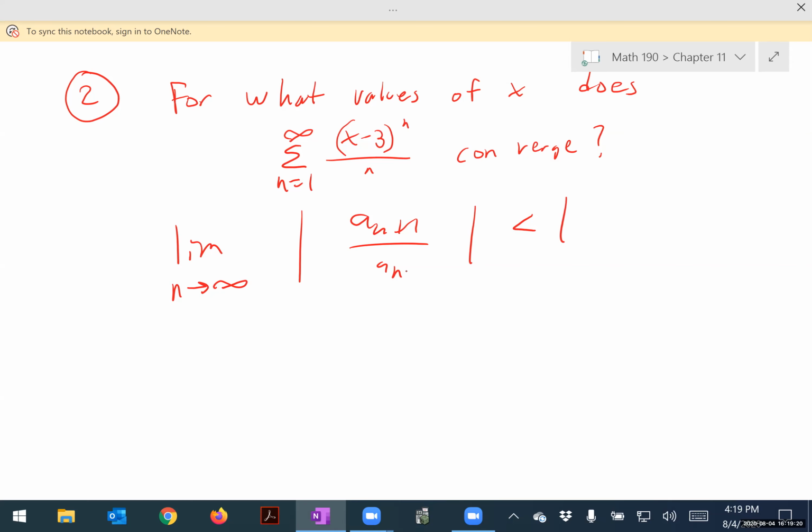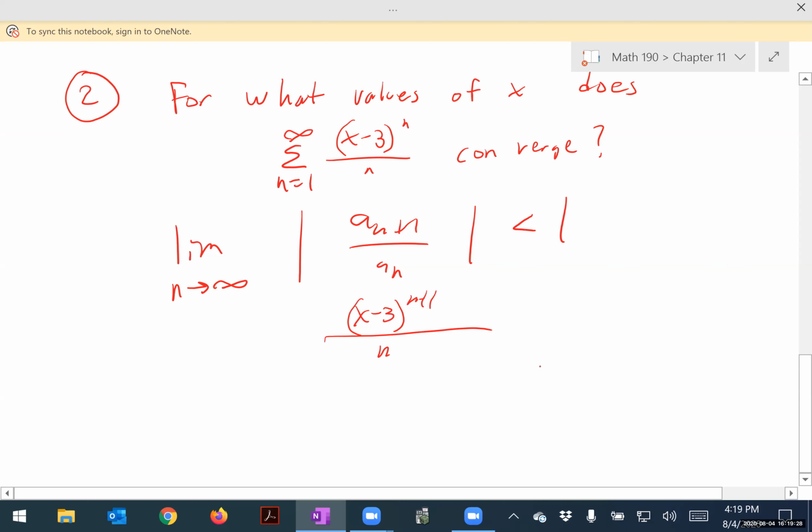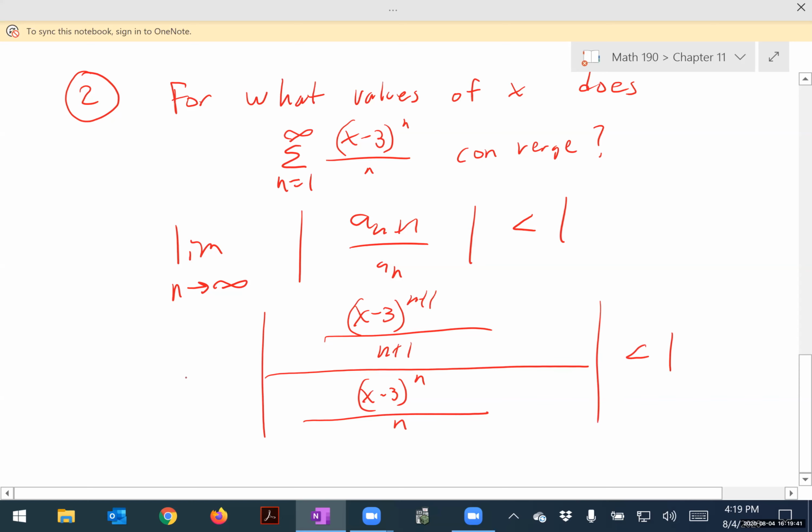Okay, so I'm going to say that this thing, (x minus 3) to the n plus 1 all over n plus 1, all over (x minus 3) to the nth all over n. For what values of x is this going to be less than 1 when I take the limit as n goes to infinity?